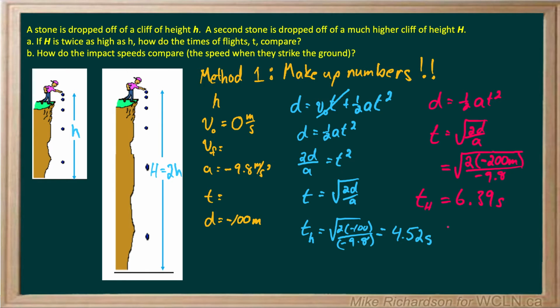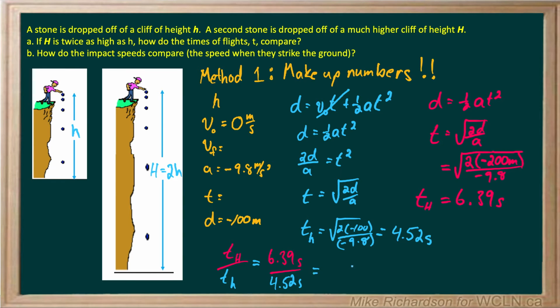Well, if you've got a multiple choice test question, you want to figure out how many times bigger tH is than t little h, just divide them. What is that ratio? So if I go tH divided by the time of flight for the lower cliff, I get 6.39 divided by 4.52.